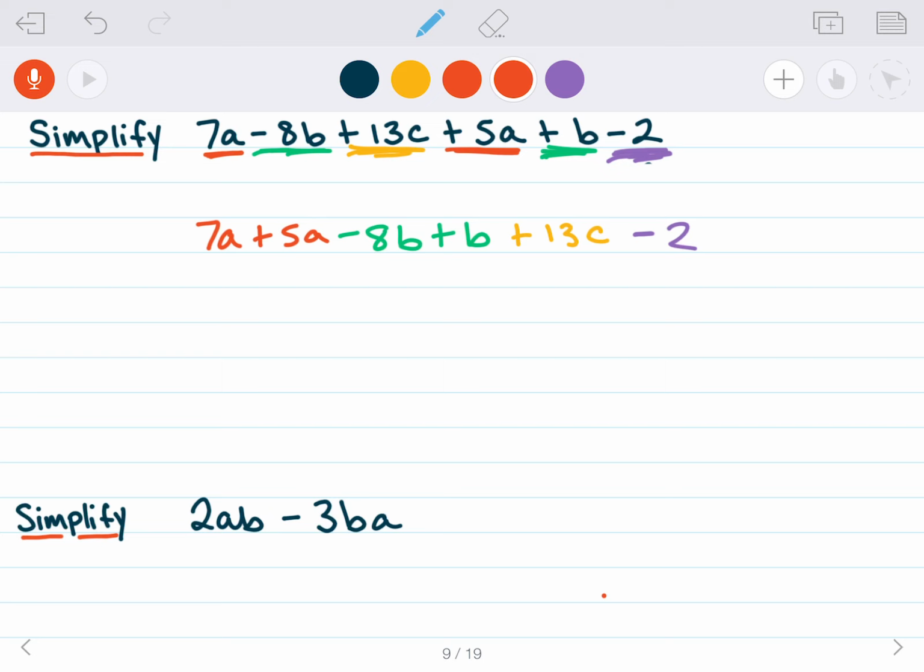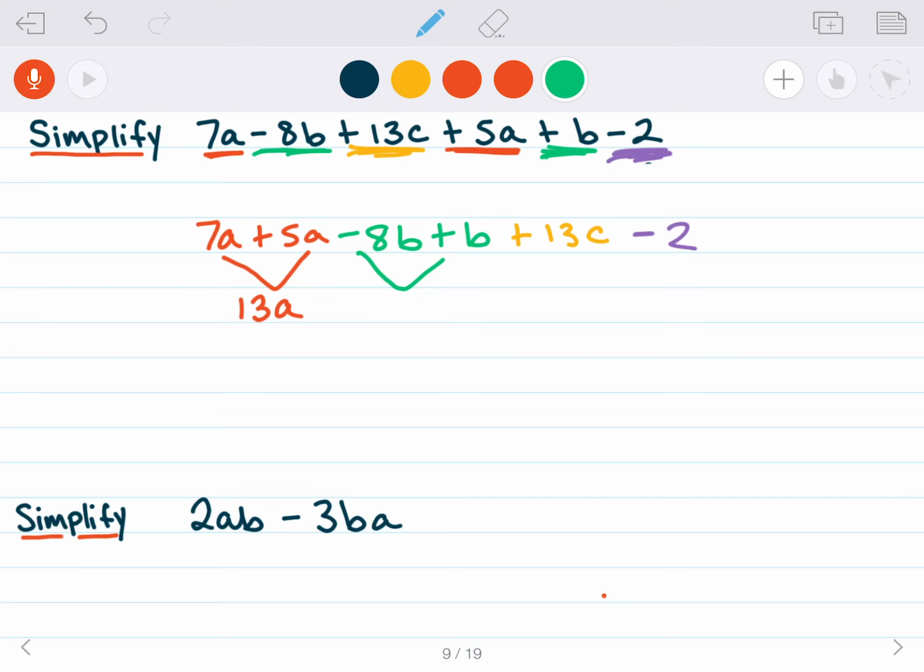Now what I can do is I can combine my like terms, right? 7 apples plus 5 apples is how many apples? It's literally going to become 13a, 13 apples. Okay, so I just combined 7a plus 5a. Now I'm going to combine negative 8b plus 1b.